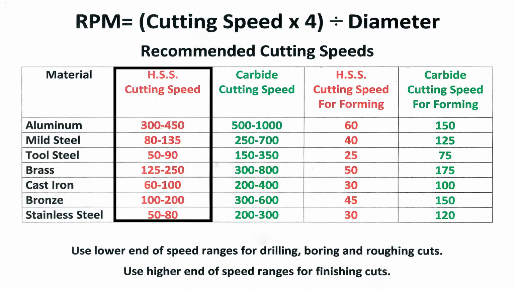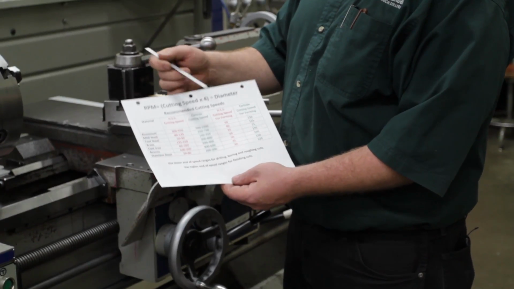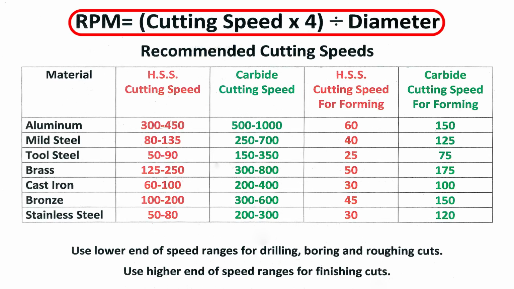If you look at high-speed steel under mild steel, it gives you a range of 80 to 135. That is your cutting speed. In order to find your RPMs on the lathe, you take your cutting speed times 4 and divide by the diameter of your workpiece. Usually that calculation requires a calculator.